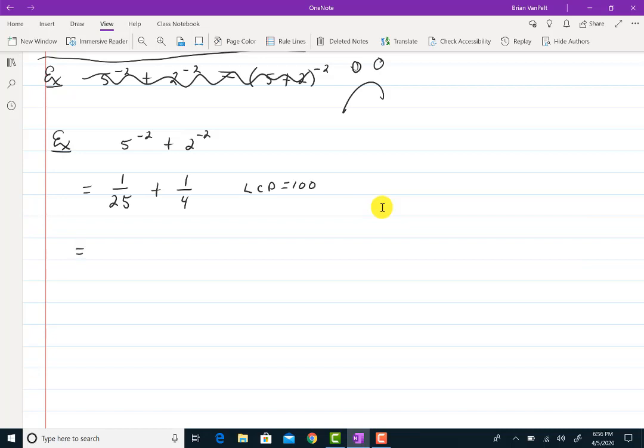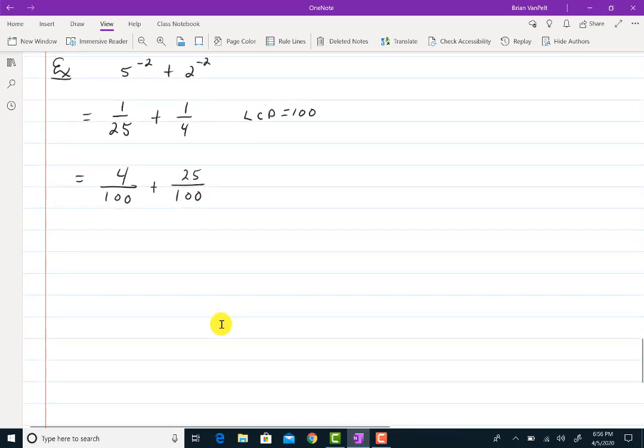So I'll have to change my fractions both to being over 100 now. In order to change the 25 to 100, I had to multiply by 4. And in order to change the 4 to 100, I had to multiply by 25. And so when I add them together, 4 plus 25 over 100 is simply 29 over 100.